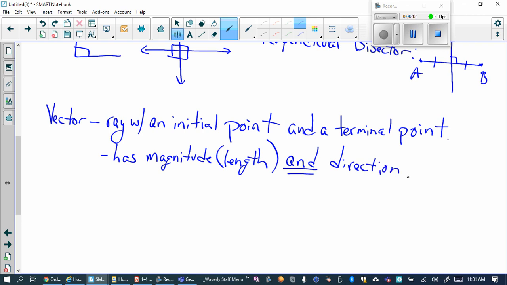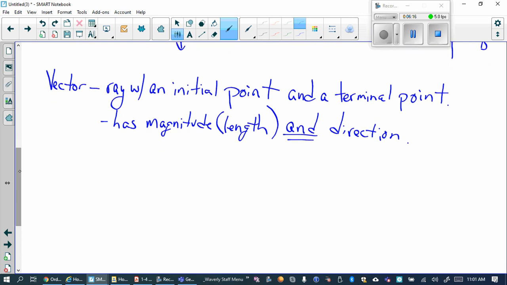Okay? So as a diagram, it looks something maybe like this. Down here is the initial point A. And at the very tip of it, in this case, it's a vector. Usually you think that means it goes on forever. But if you know it's a vector, you know that this point at the tip is the ending point. It's a terminal point, B. Okay?